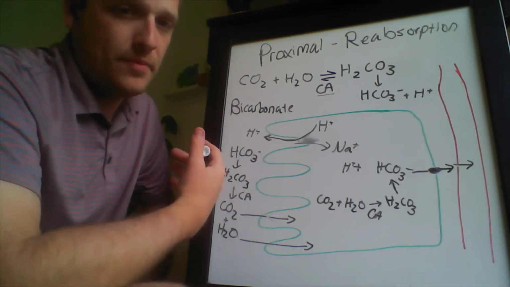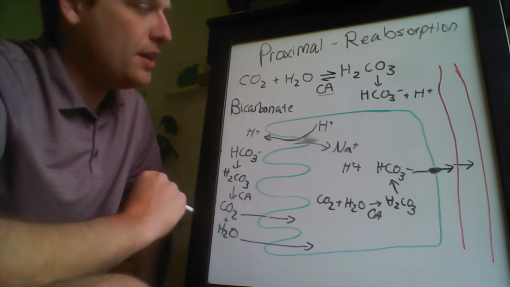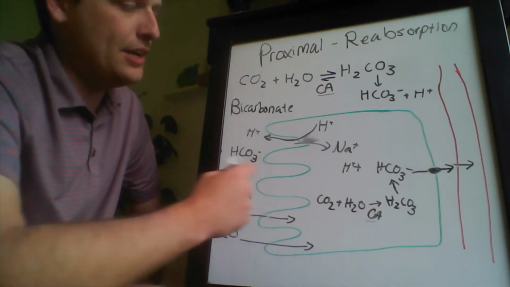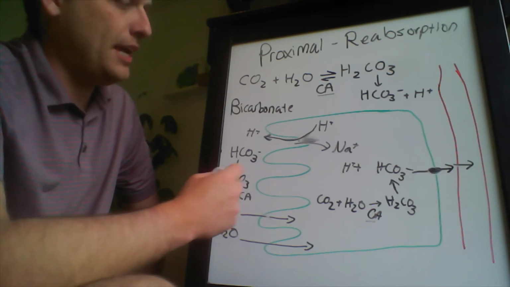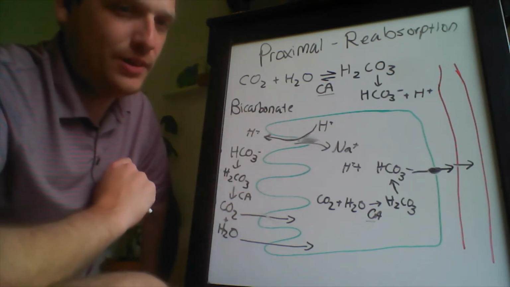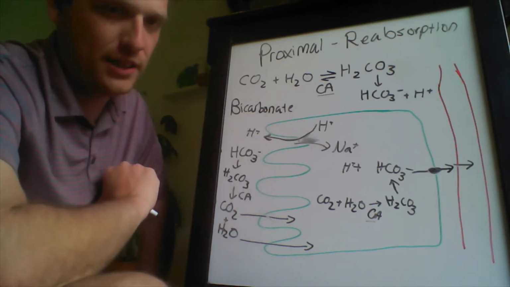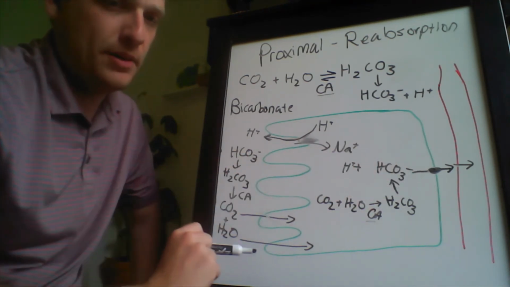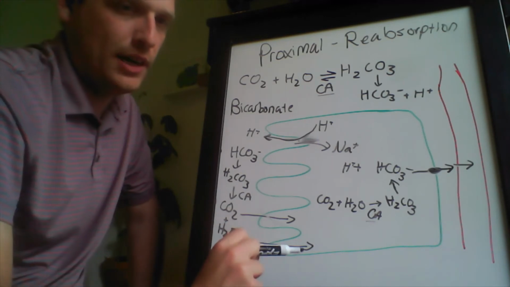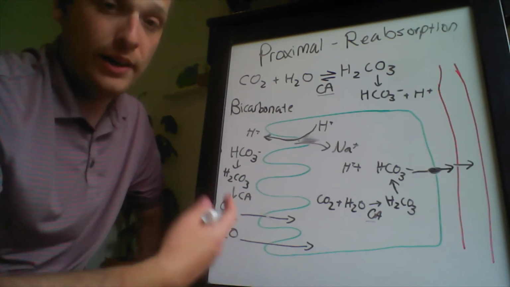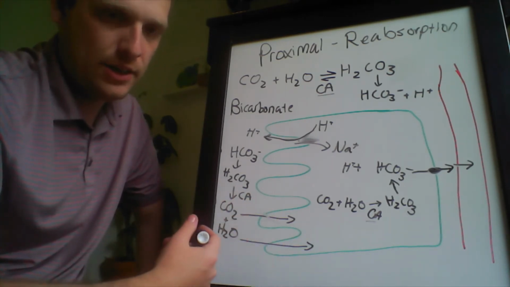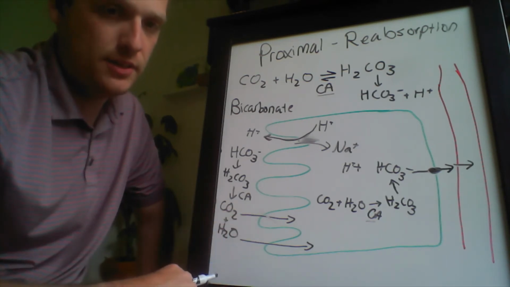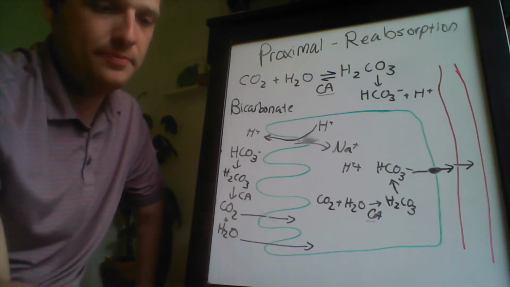So it's somewhat complex, but it requires carbonic anhydrase and playing a game of fetch with hydrogen, where the hydrogen is fetching the bicarbonate ion. And this is ultimately going to bring bicarbonate out of that filtrate back into the blood, where it can again serve as an essential buffering system to help us avoid changes in pH doing any damage.